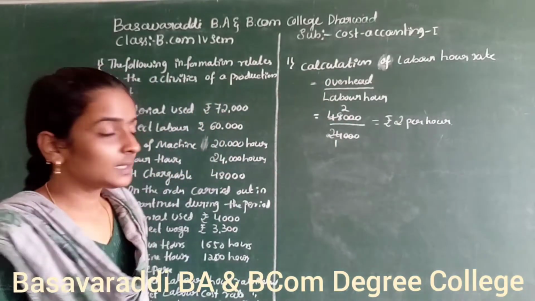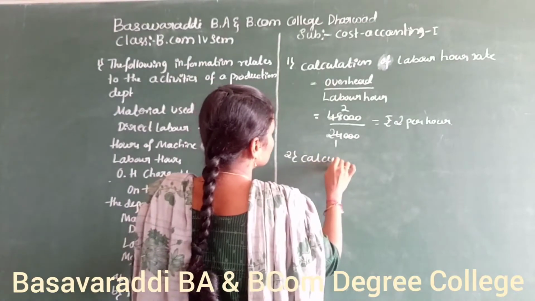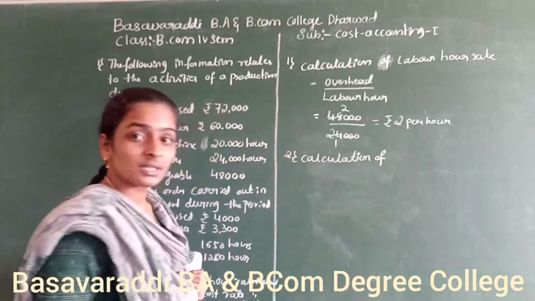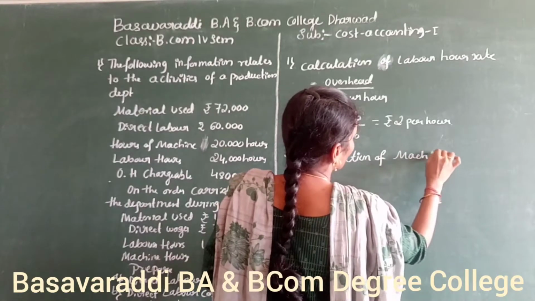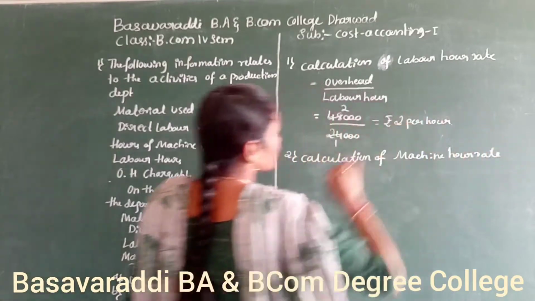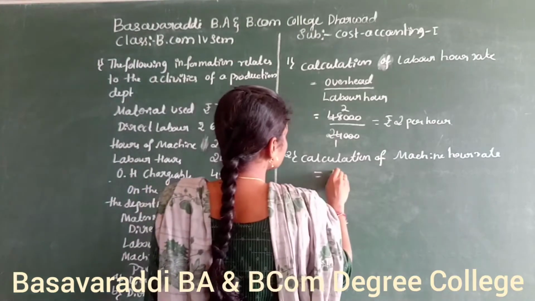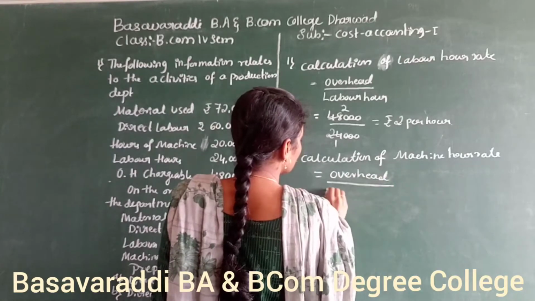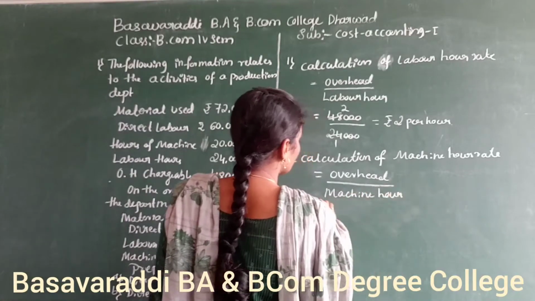Okay, the next one is working note number 2. Calculation of machine hour rate is equal to overhead divided by machine hours.